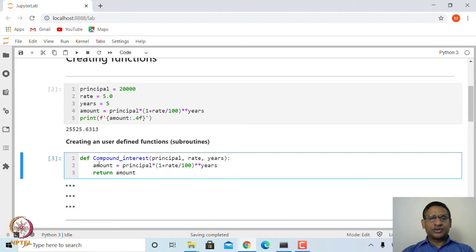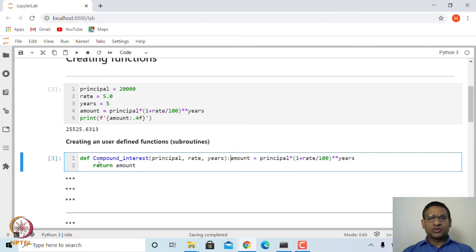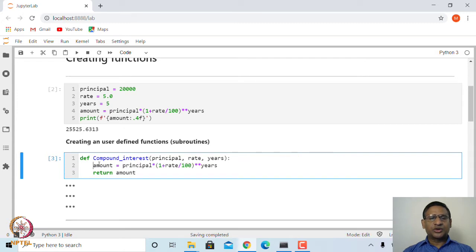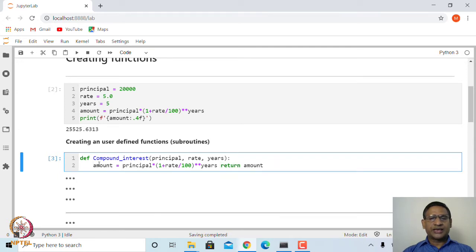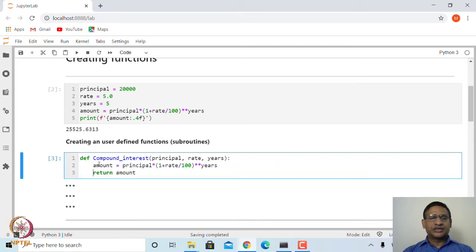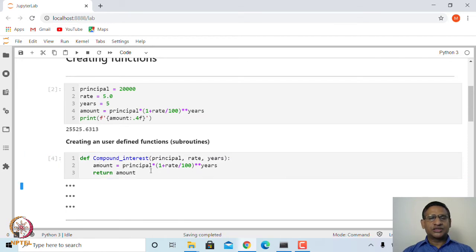For example, when you type colon and after that press enter, automatically your cursor will go inside and all these things will become aligned. So, even if I go back and then hit enter, again this return amount will be aligned with amount. Okay. So, let us run this.